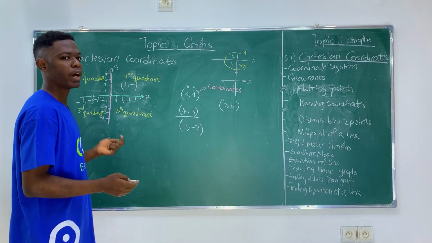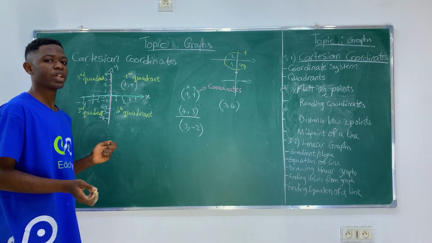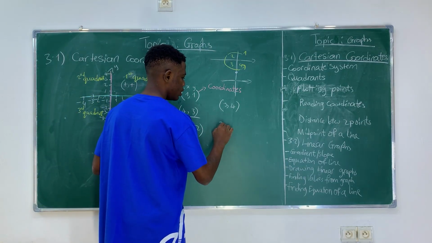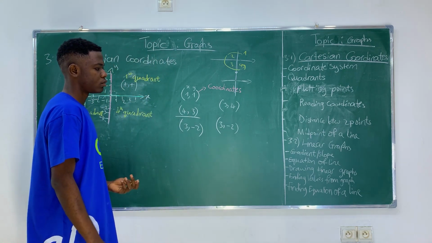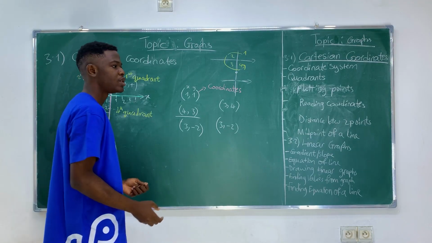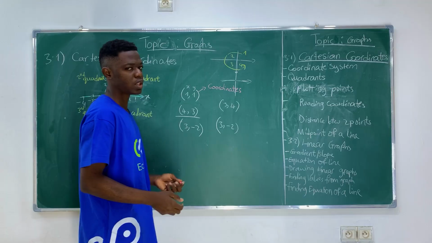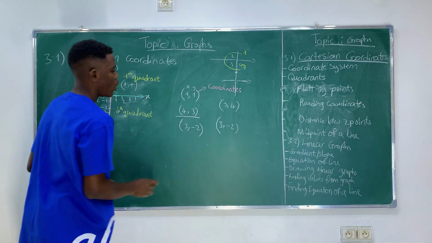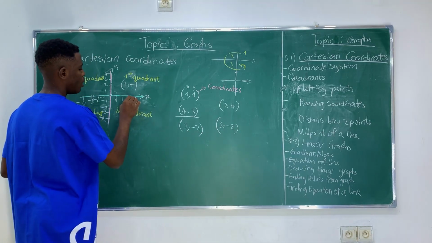So you have to keep these quadrants in mind. Why do you have to keep them in mind? Because sometimes they can ask you in which quadrant is located the point 3 minus 2. You have to be able to plot this point and tell which quadrant it is in. Let's plot this point and check. Our x is 3.